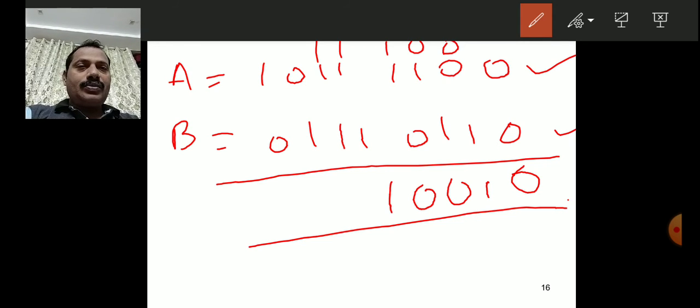Similarly, here also 1 plus 1 plus 1, carry is 1, sum is 0. Next, 1 plus 0 plus 1, carry is 1, sum is 0.